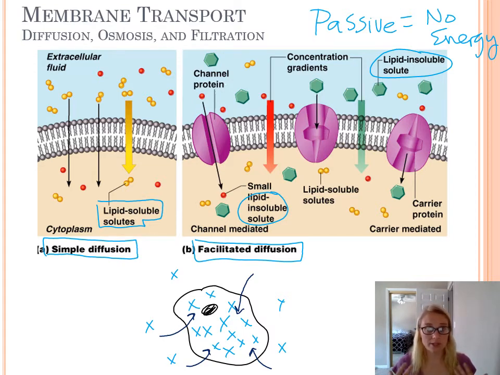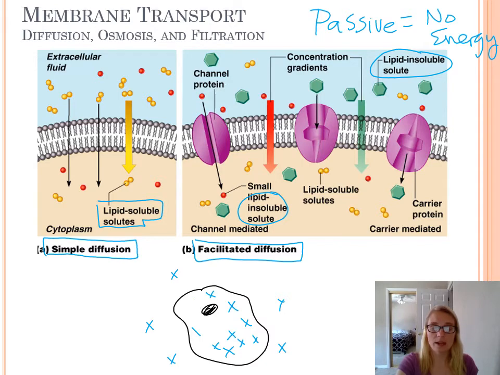But animal cells, like our cells, cannot protect very much from too much water moving in, and so the cell could pop. So that's one scenario. Let's see what's going to happen if we flip that around. What if we only have a few solutes inside of the cell and a whole bunch of solutes outside of the cell?